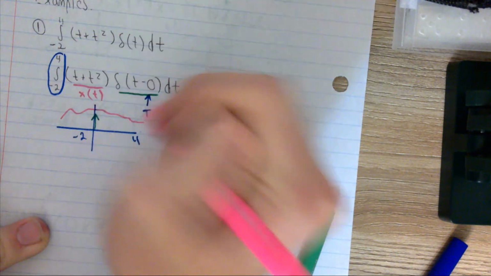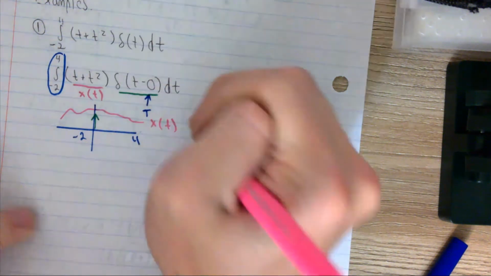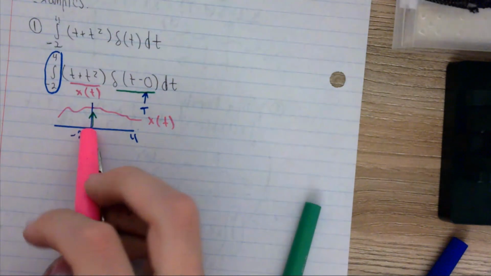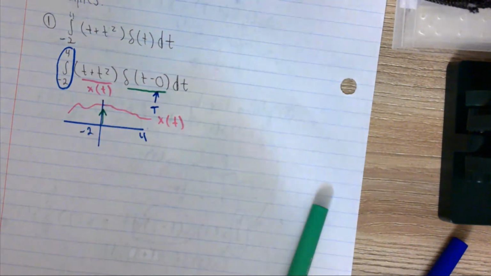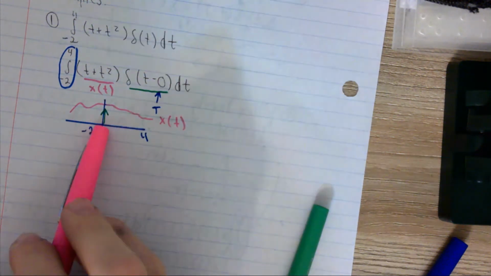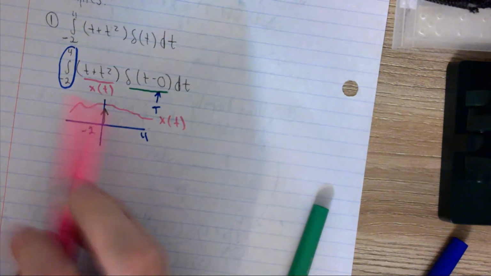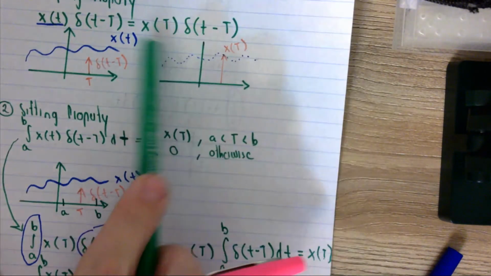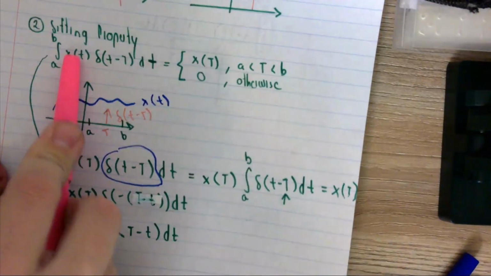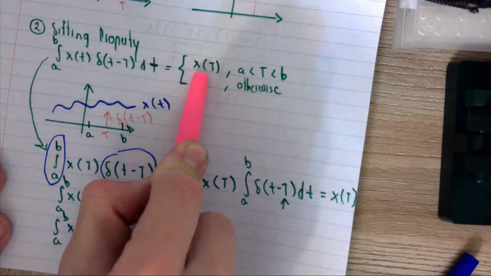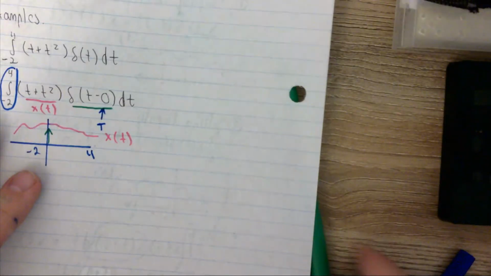It's just x of t multiplied by the unit impulse. Going back to the sifting property, we take on the value of that function specifically where the impulse occurs.